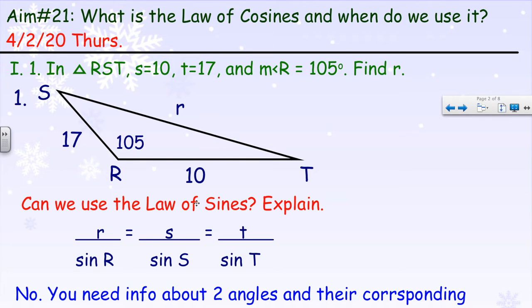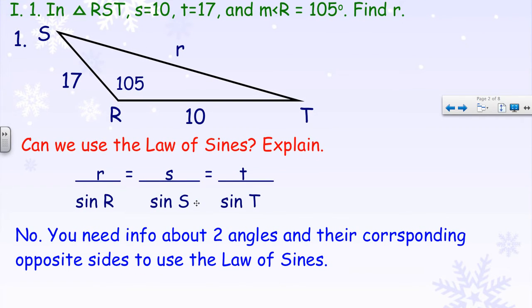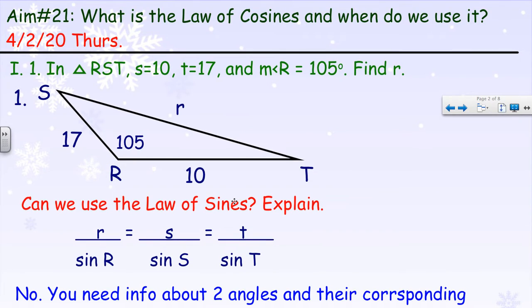So the answer should be no, because you need info about two angles and the corresponding opposite sides to use the law of sines. So I want that to be clear, because if you're ever given a problem where you're deciding which one to use, you need to know when I can use the law of sines and when I have to use the law of cosines.